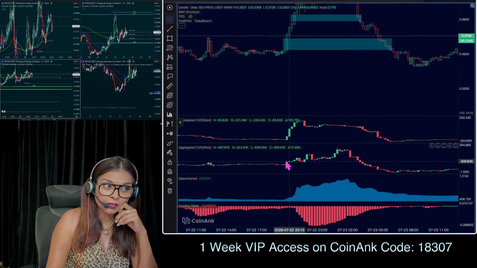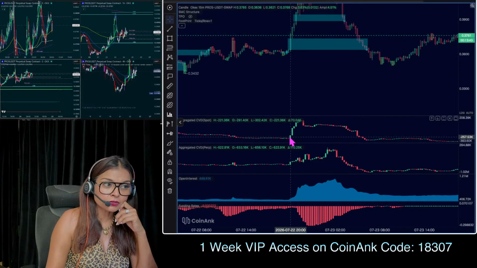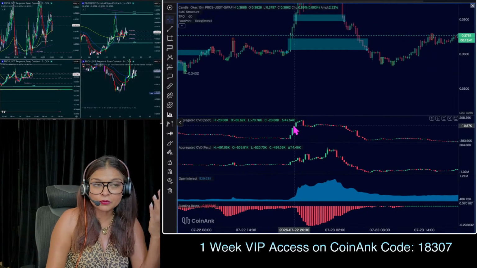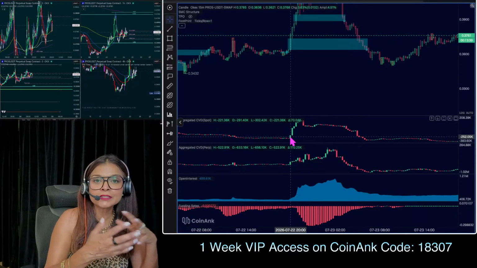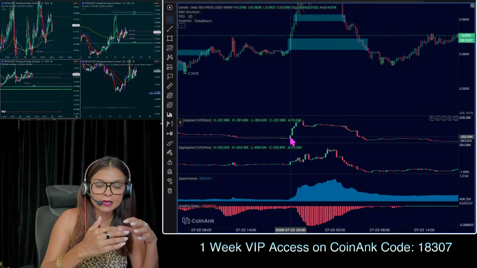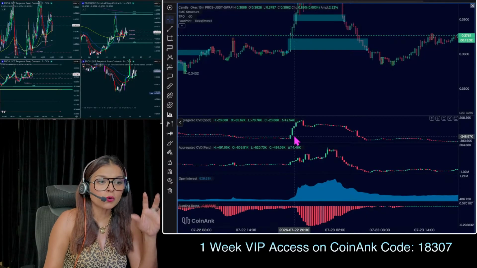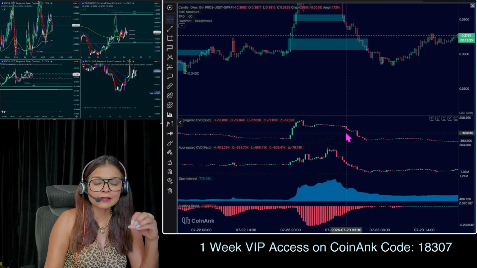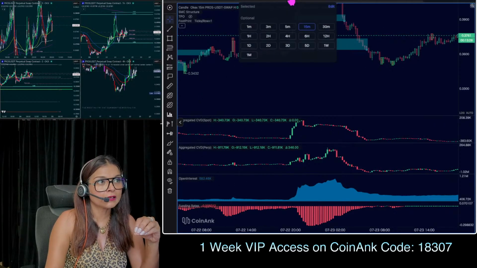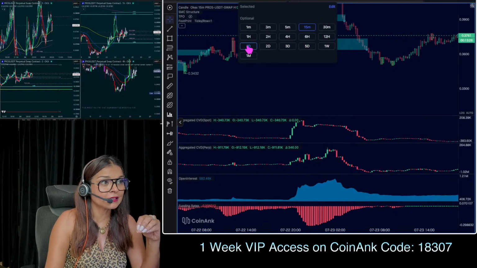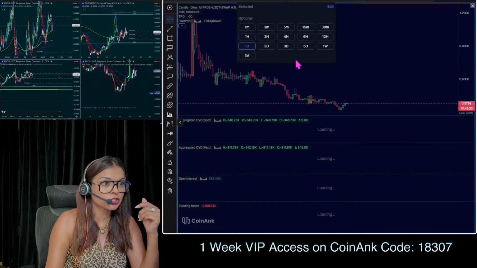Also, you would like to see spot moving up as well, showing real value, that people are actually buying the token in spot. So you use all of them together to give you a clear picture of what is going on. And again, you can use this on the daily to get a better picture.